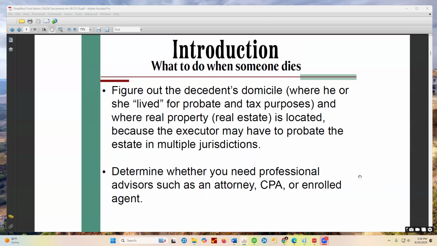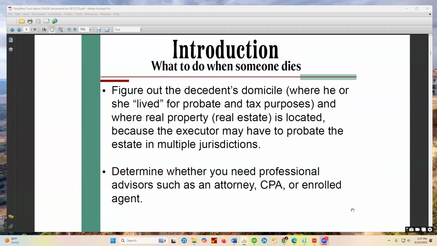The administration might include multiple jurisdictions. For example, they live in San Francisco, they have a rental property in Walnut Creek, another rental property in Baton Rouge, and another one in Las Vegas. So you have multiple jurisdictions, and hopefully the property was titled in the name of the trust, so you do not have multiple probates to administer.